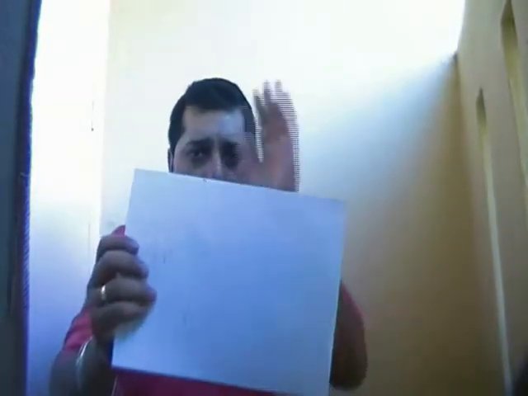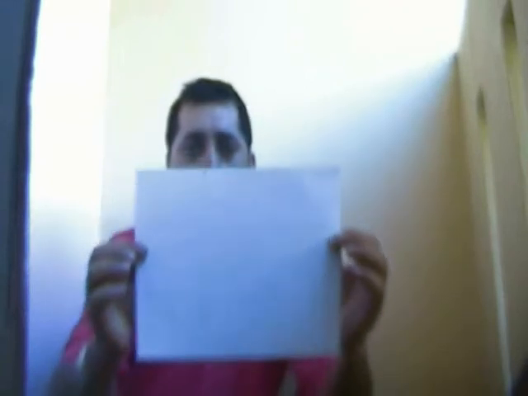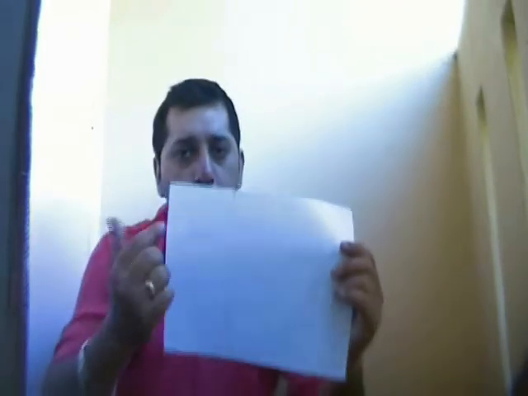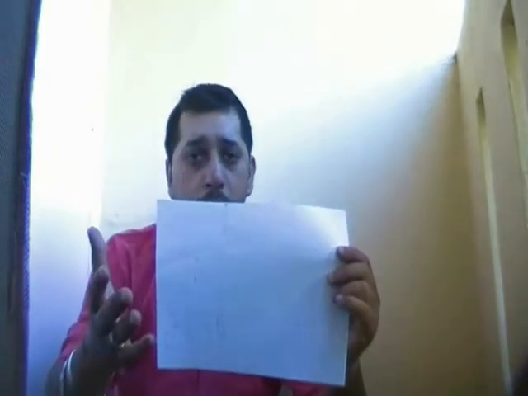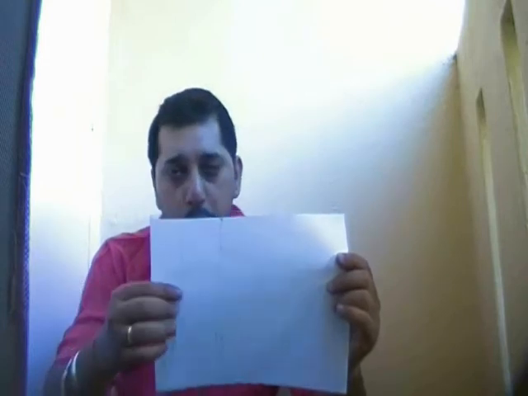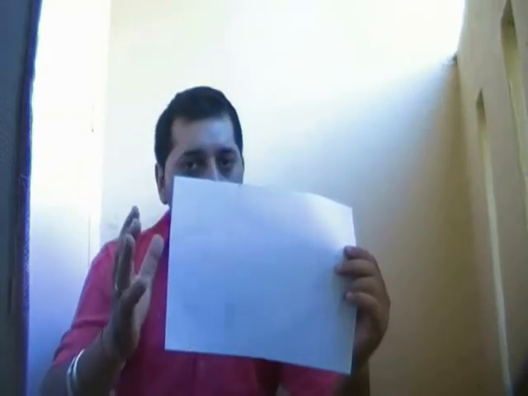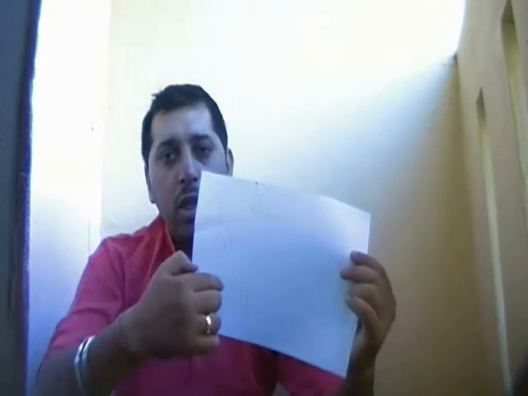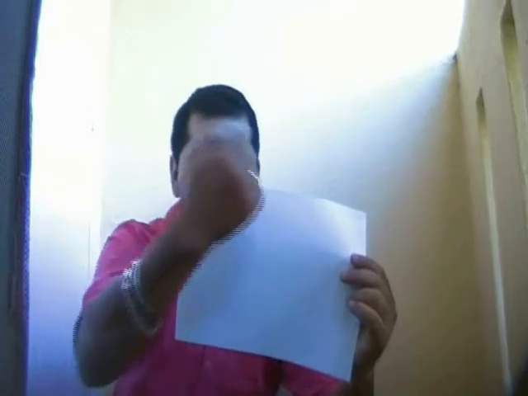Suppose this is your frame, the picture you are about to take. Before taking the shot, in your mind or in the viewfinder or live view, whatever you are using, just divide this frame logically into 3 equal parts vertically and 3 equal parts horizontally, in this way.